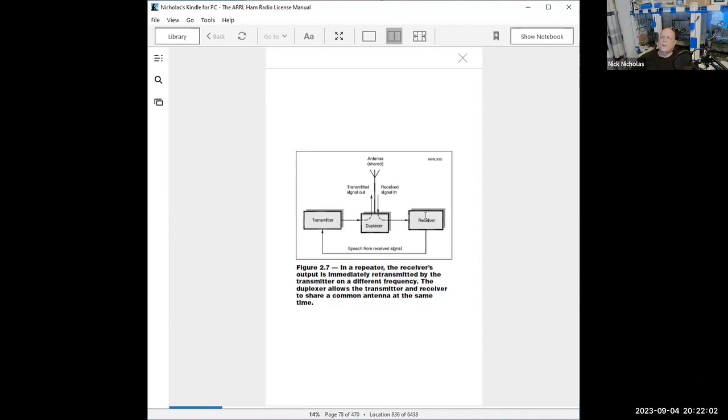The receiver at the repeater listens on a frequency and it takes the audio from whatever it hears on that frequency, which is the frequency that the user ham transmits on, and it injects that into the transmitter so that the transmitter sends it back out at the same time.